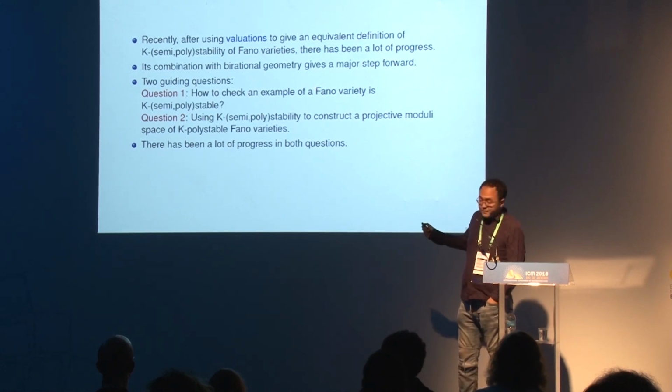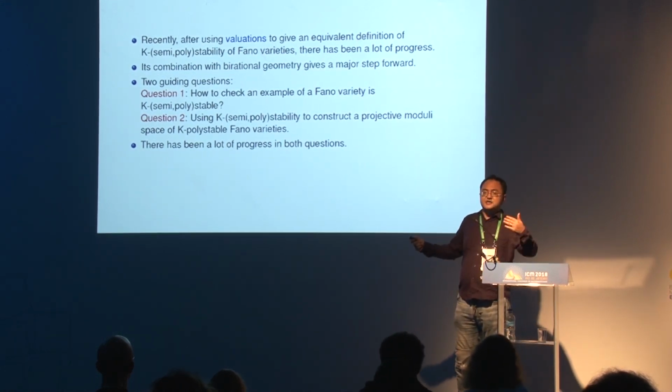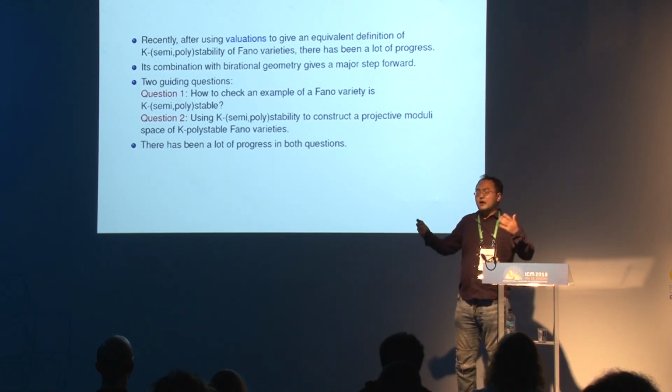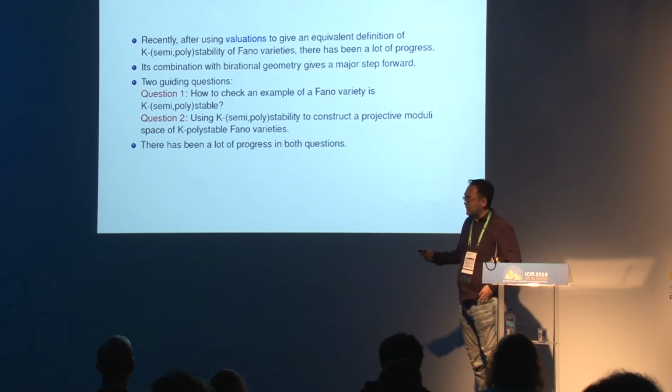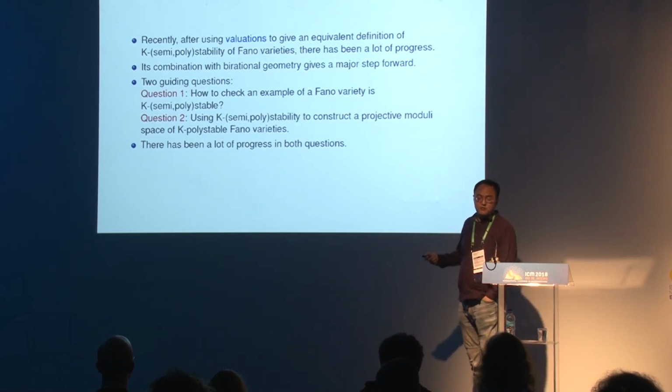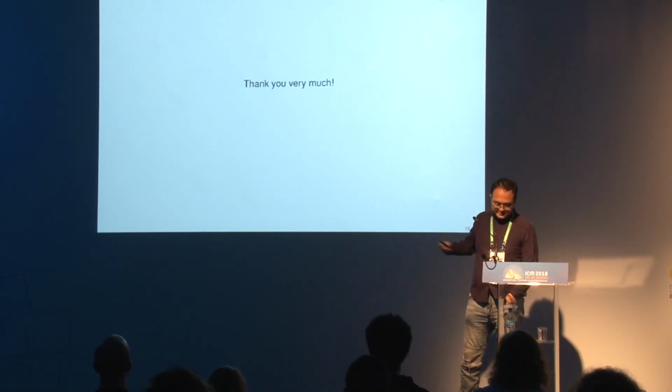But so far, if you look at the construction, there are six steps, and only steps one, two, three are known results. The main parts are conjectures. But anyway, there is a lot of progress in both questions, and my time ends here. Thank you very much.